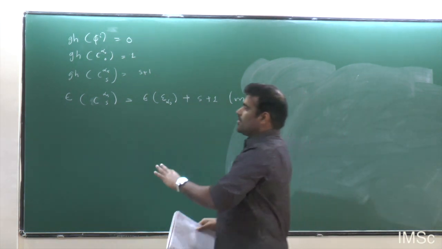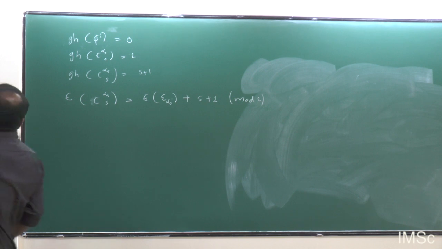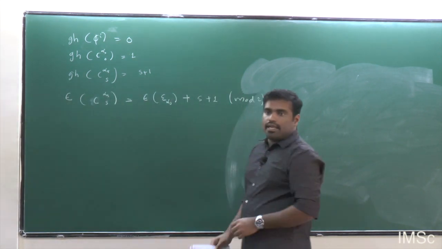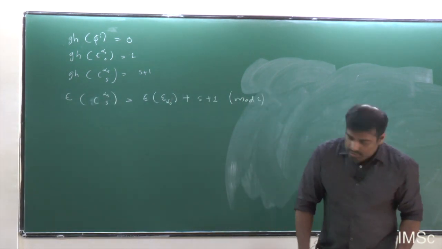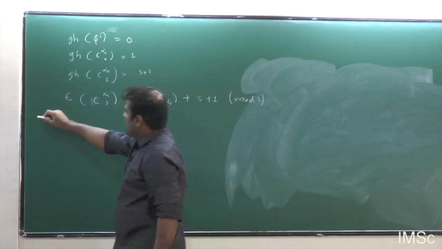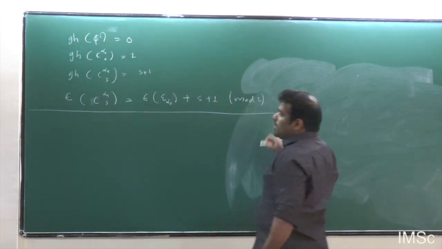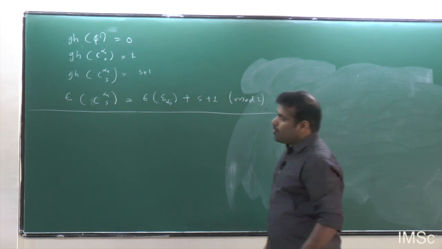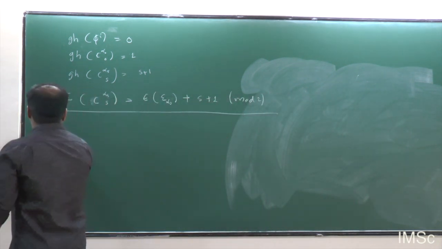So that's the first step: you identify fields and ghost fields, assign ghost number, then find out the parity. Now the second step, which is not familiar from Faddeev-Popov, is to introduce antifields.